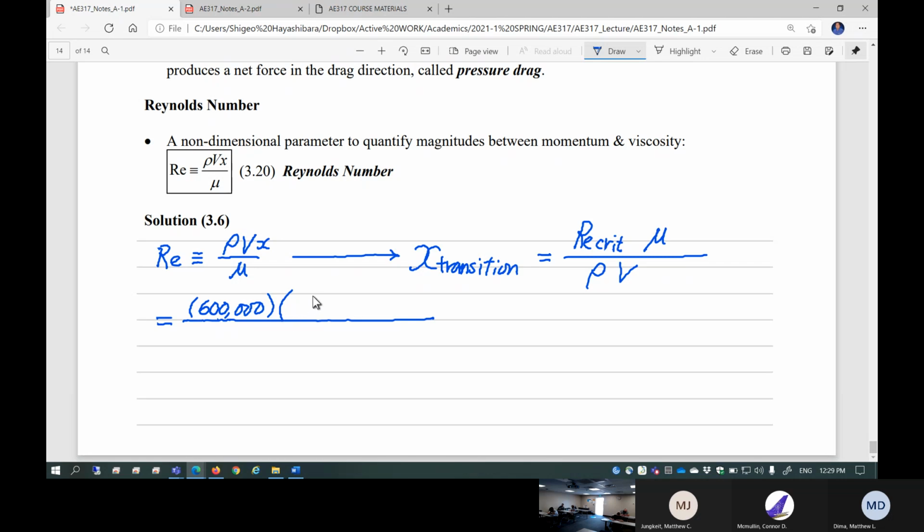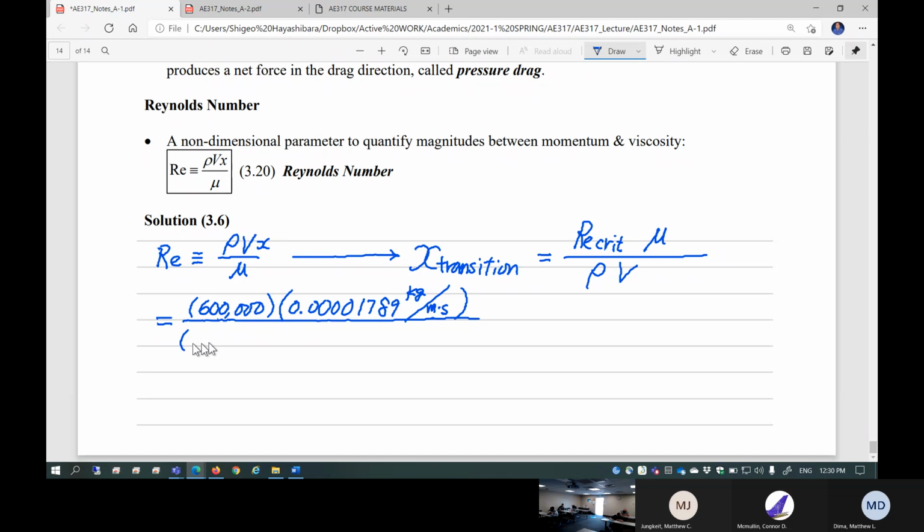Viscosity of air at standard sea level is, I give you, 0.00001789, unit is weird, kilograms over meter second. That's the dynamic viscosity of air at standard sea level.